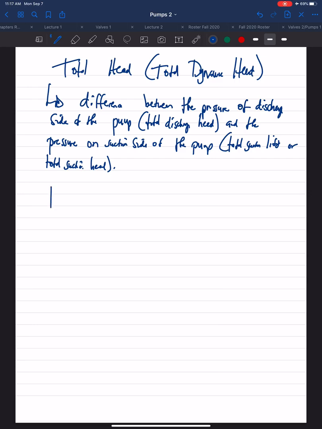So the total head, abbreviated TH, is the pressure of the discharge side minus the pressure of the suction side of the pump.